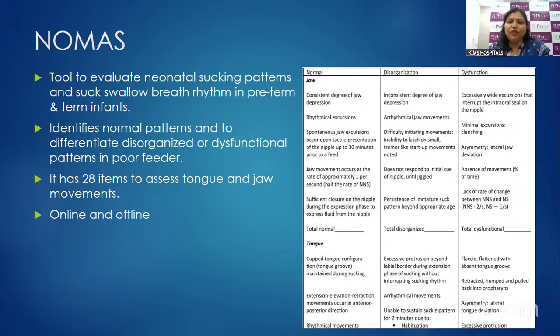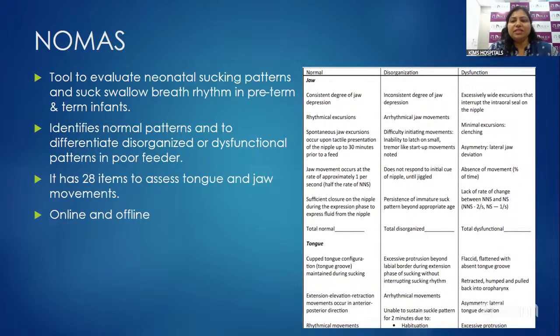I have kept only a few items here. For example, the first: constant degree of jaw depression is called normal. If you see disorganization, an inconsistent degree of jaw depression is different, and excessive wide excursion that interrupts the intraoral seal on the nipple is dysfunctional.